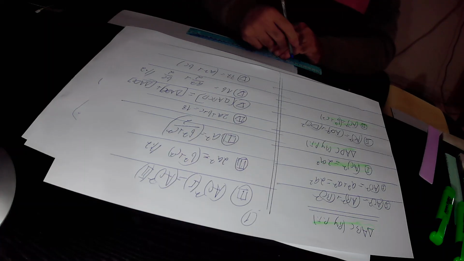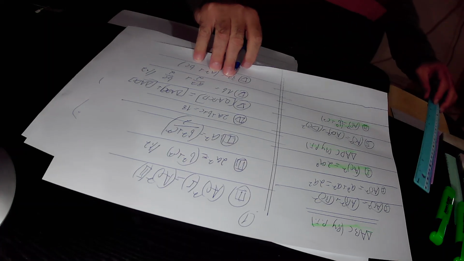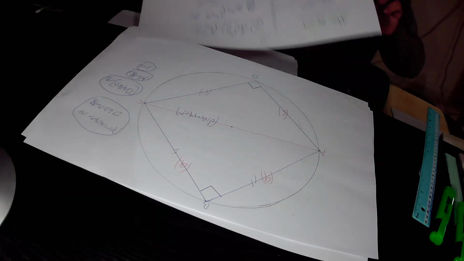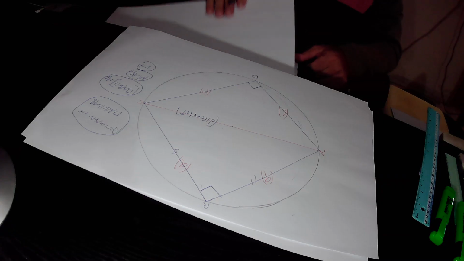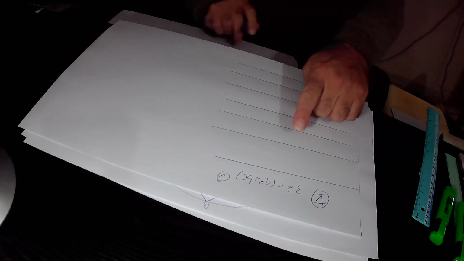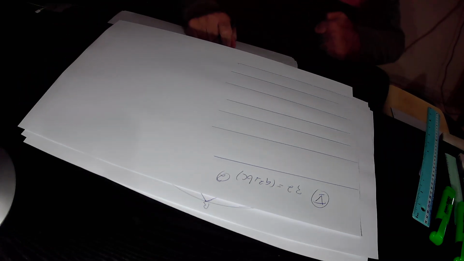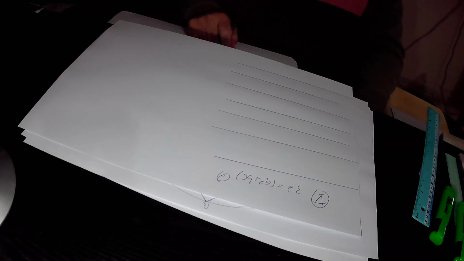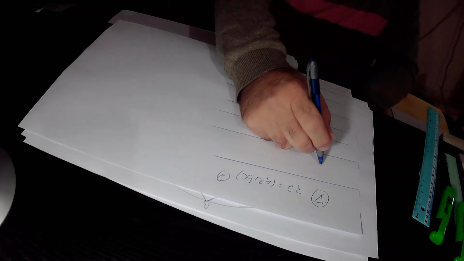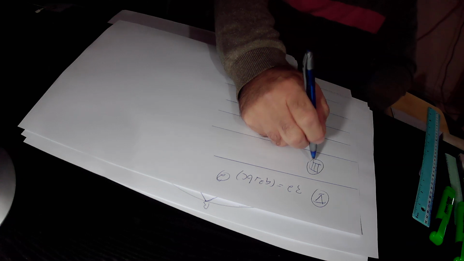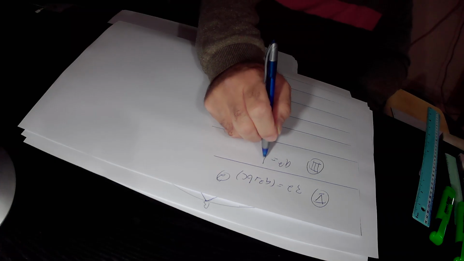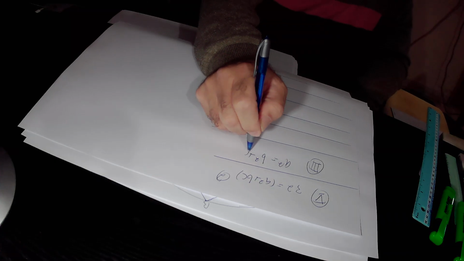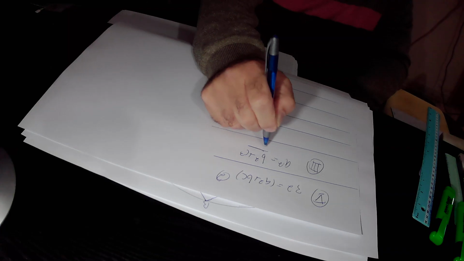And again, according to equation 5, we found out that 32 equals A squared plus BC. According to equation 3, A squared equals B squared plus C squared over 2.